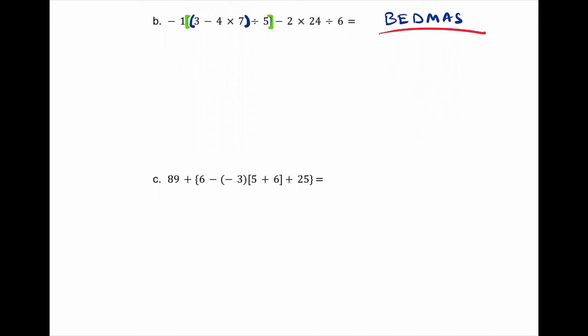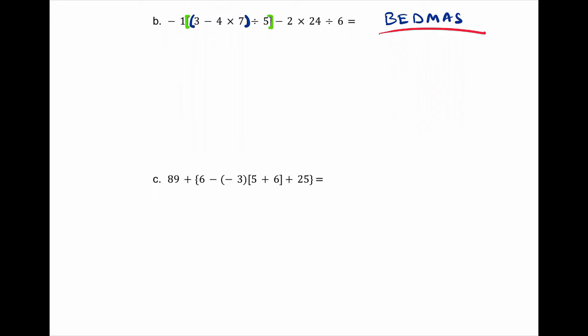Now, when we look inside that innermost bracket, there's a few things going on. There's subtraction and multiplication, so I need to use BEDMAS inside the bracket as well. Multiplication comes before the subtraction, so we're going to do that first.